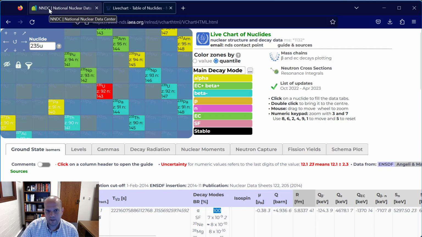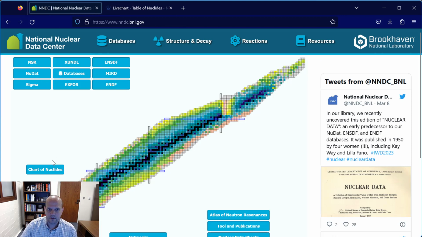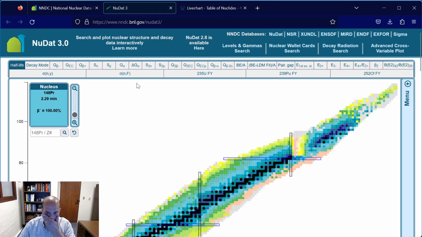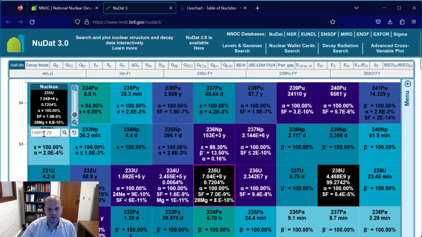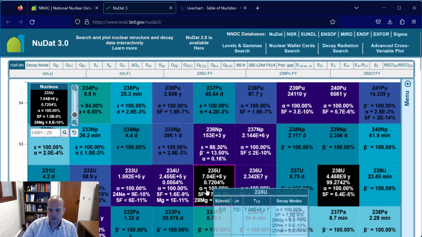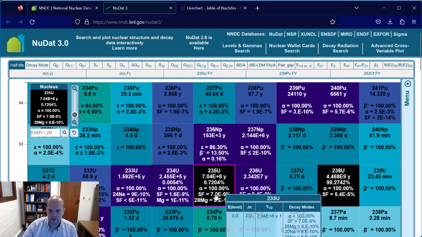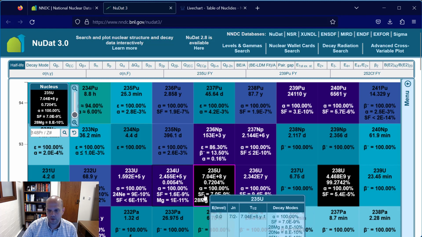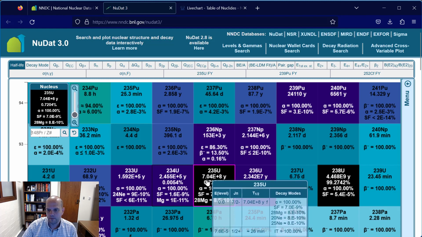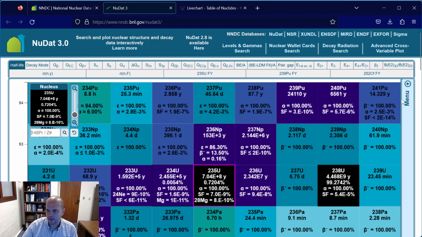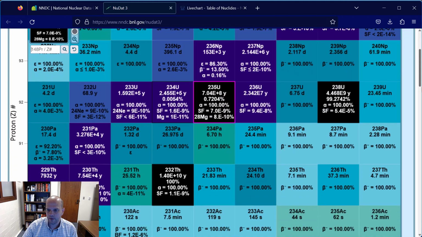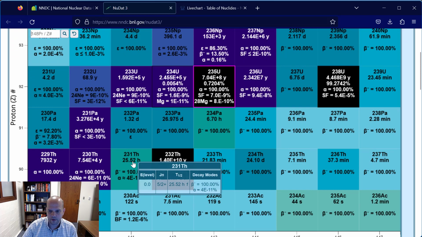And I can get the same thing from other resources. This chart of nuclides from Brookhaven National Lab. I can do the same thing here, and I can type in U235, and it zooms in here and it tells me, okay, I got 100% of an alpha decay. There's a very small percentage chance that I go through spontaneous fission, and since it's alpha, I can chart this out just like I was in the other one. I go down 2 and over 2, thorium-231.